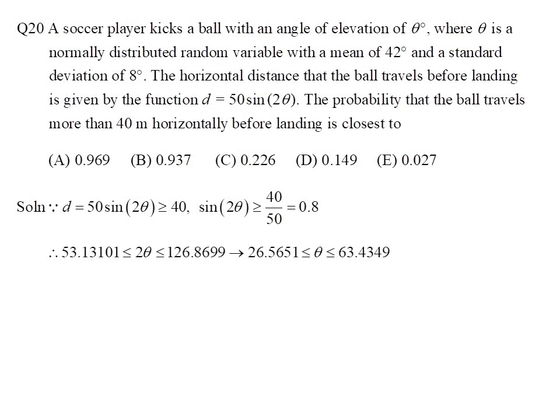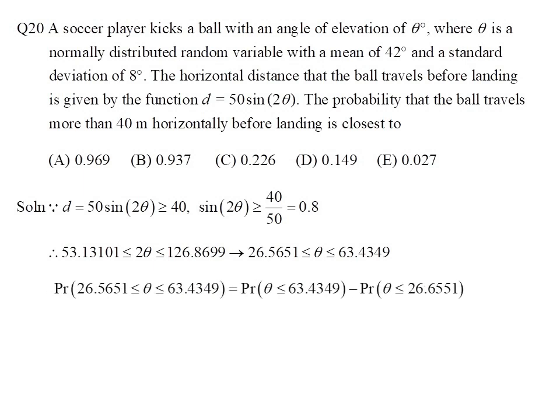According to the properties of the sine function, 2 theta is greater than or equal to 53.13101 degrees, but less than or equal to 126.8699 degrees, which gives theta greater than or equal to 26.5651 degrees, but less than or equal to 63.4349 degrees.